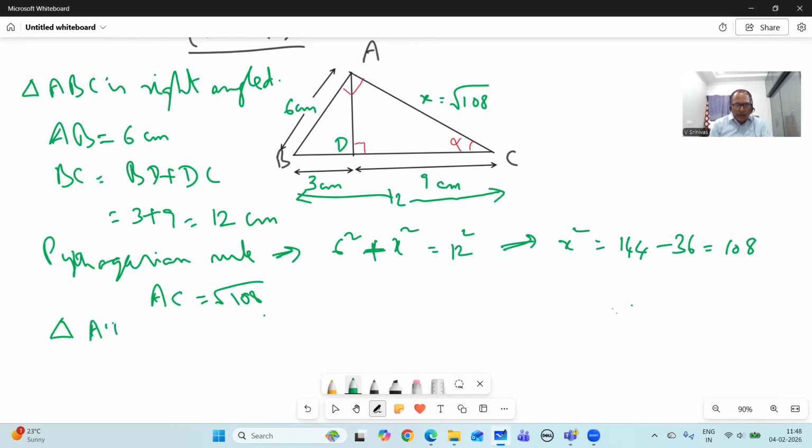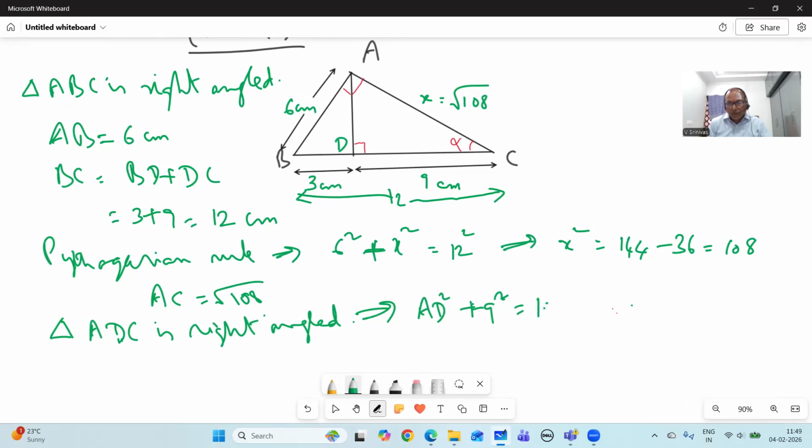Triangle ADC is a right angle triangle. For the triangle ADC, this angle is a right angle. It is given. Therefore, triangle ADC is a right triangle. Therefore, we can apply the Pythagorean rule.